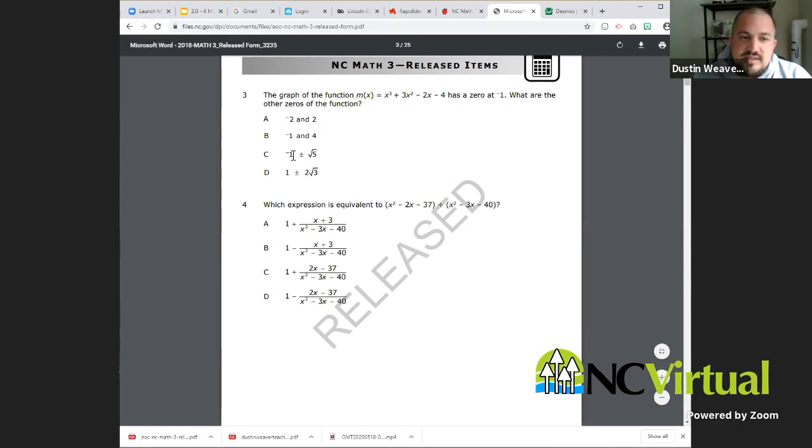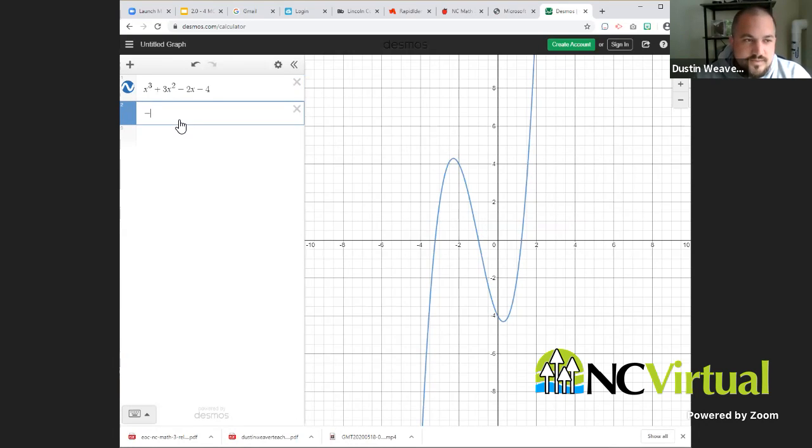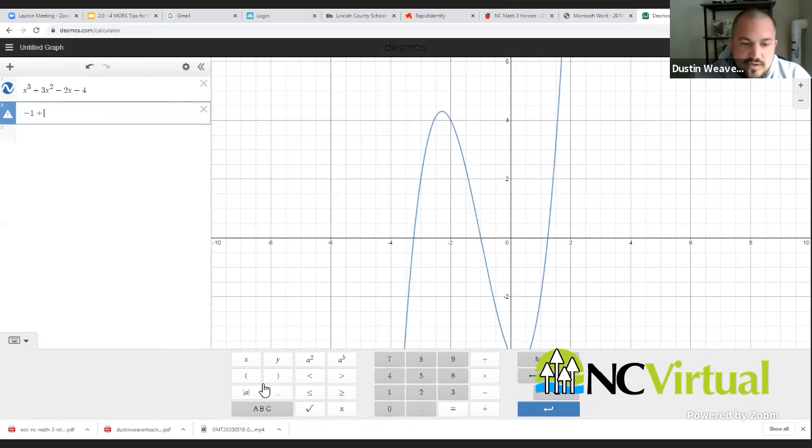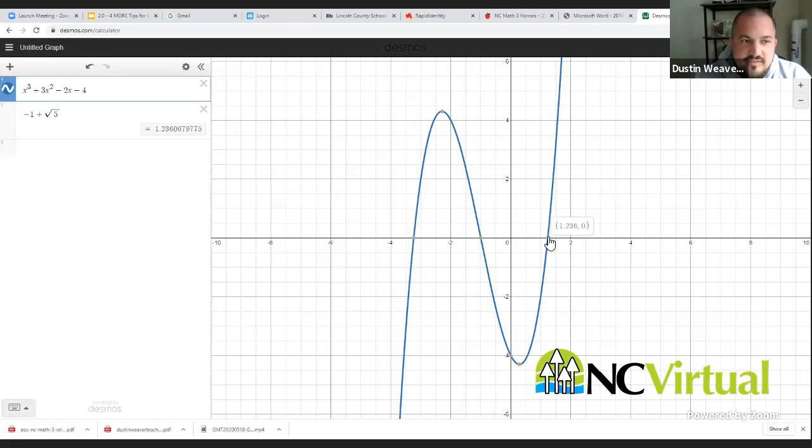The way I'm going to do this is type in, what is -1 plus the square root of 5? You could also type this in on your calculator as well. It would make no difference which one you use. And that is 1.236. -1 plus the square root of 5 is 1.236.